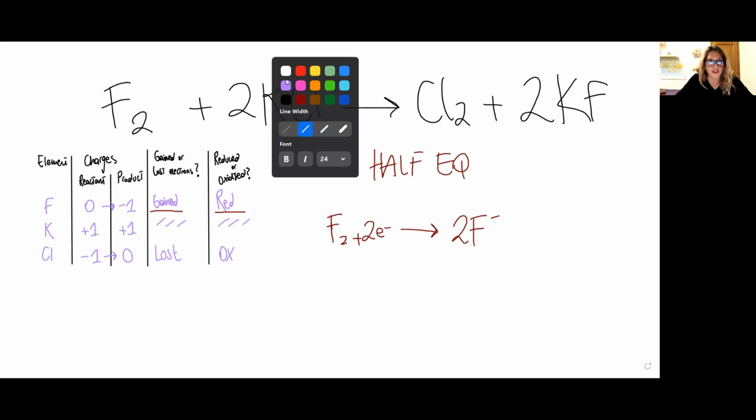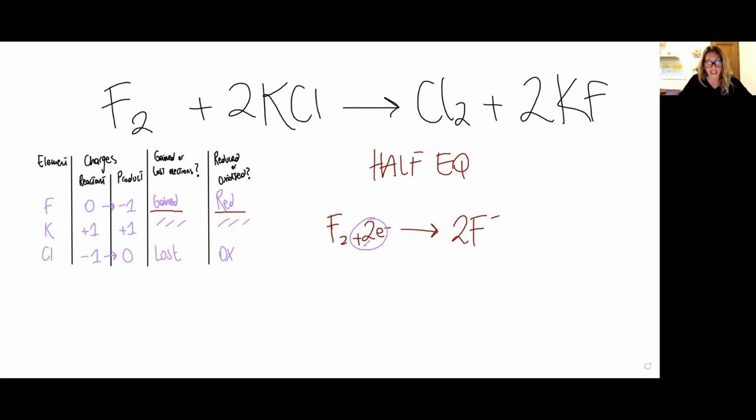We can get this from the equation and from the analysis of the element before and the element after. Before, in this case, was an element, F2, and after was present as an ion because it was bonded to potassium. And we don't care about the other elements. We just keep the potassium.